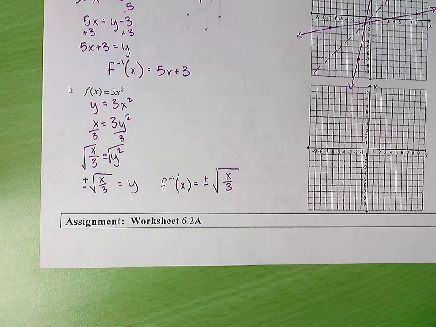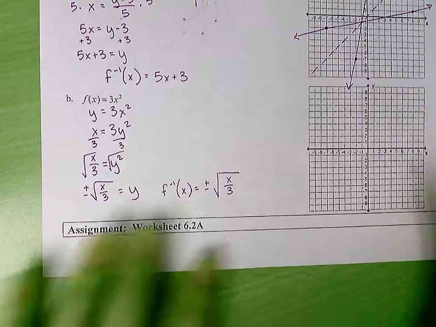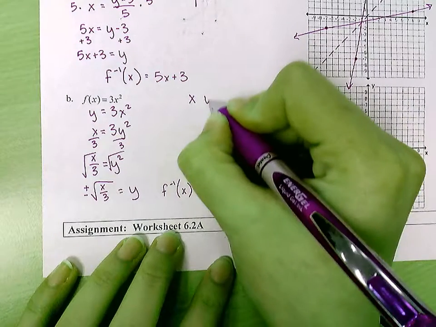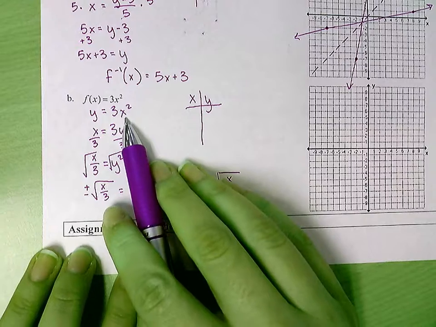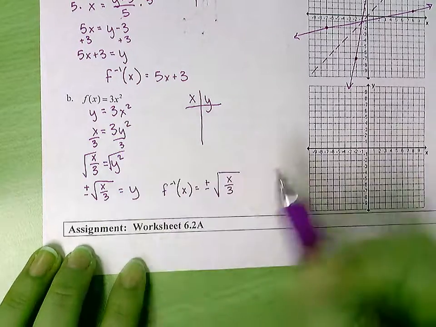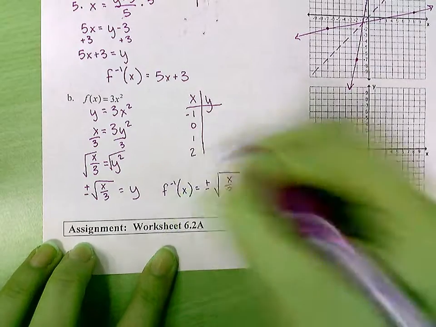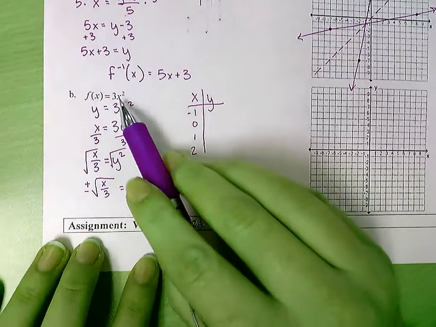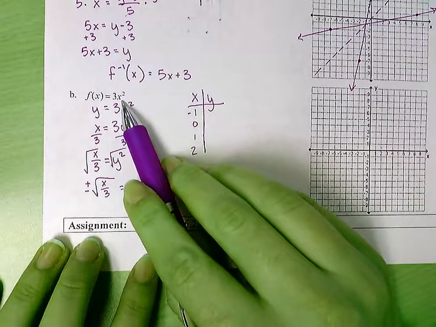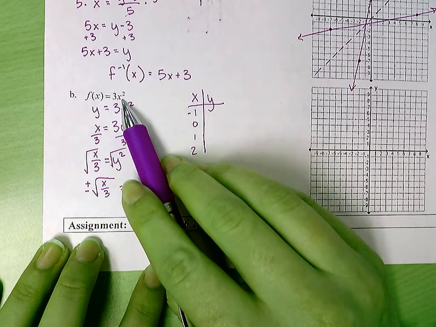So now we want to graph those. So again, finding these points from our original. Okay, I'm going to use -1, 0, 1, and 2. Because why not? So if I plug in -1 for x, I get 3, right?